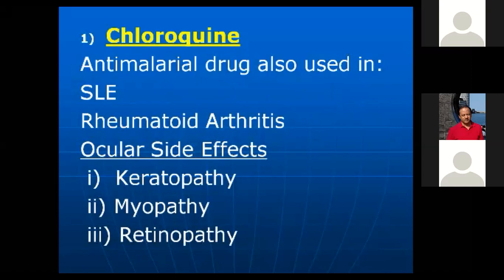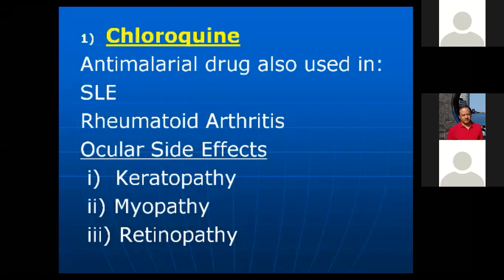You know, chloroquine is widely used in the treatment of malaria, and it is also used in systemic lupus erythematosus and rheumatoid arthritis. In these last two conditions, chloroquine is used for a longer period of time. So when chloroquine is used for a prolonged period of time, it has certain side effects on the eye.